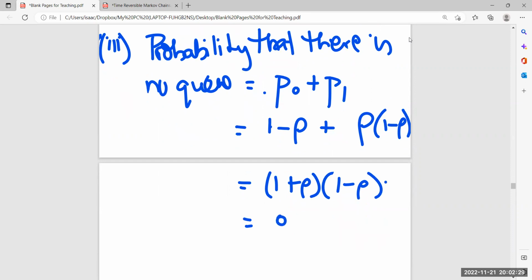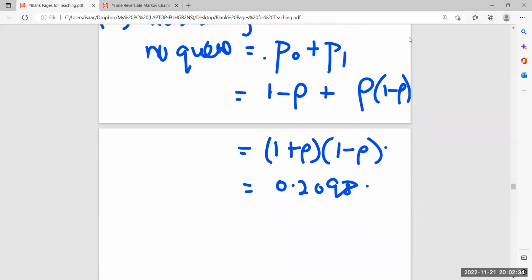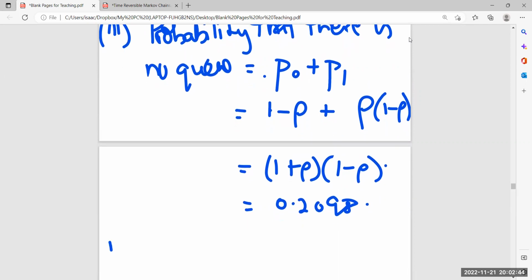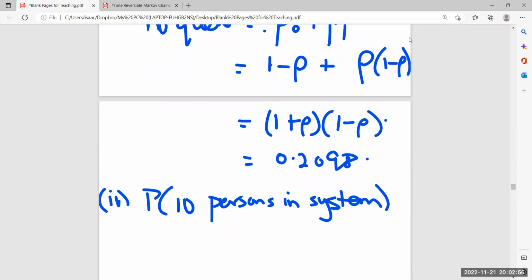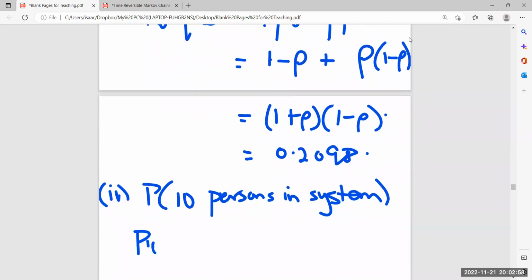Okay, is this right? If you work it out, you get something. So you could ask the further question: what's the probability that there are 10 persons in the system? That's just P10, which is rho to the 10 times 1 minus rho.